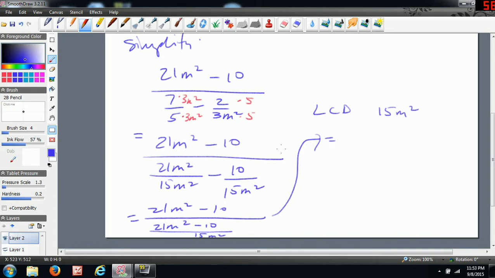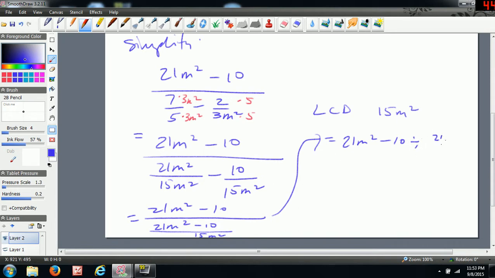So now what we have here is 21m squared minus 10 being divided by, at this point, I'm going to write this step by step. You can just start canceling stuff out, or you can write it this way.